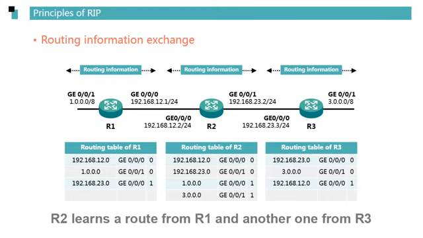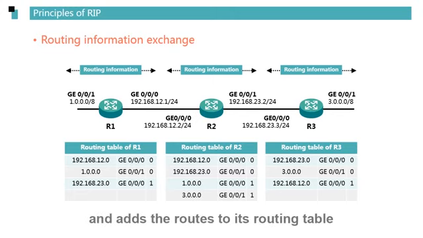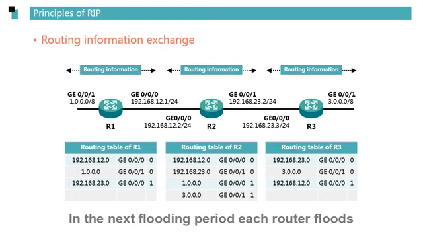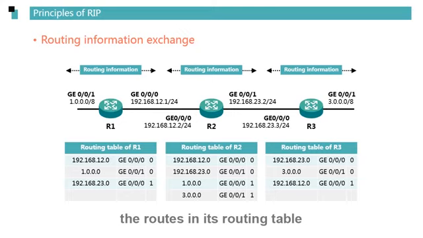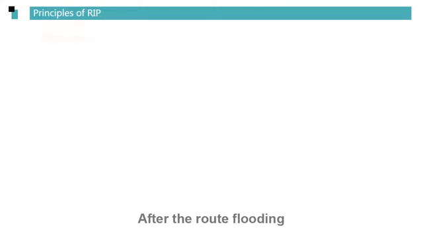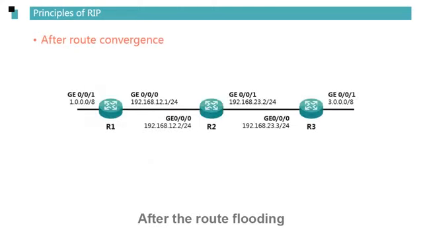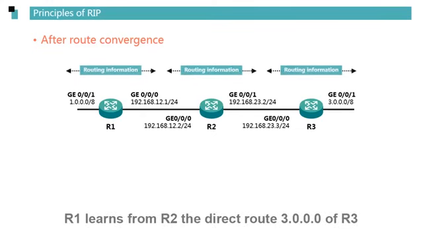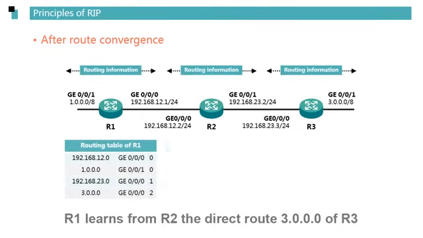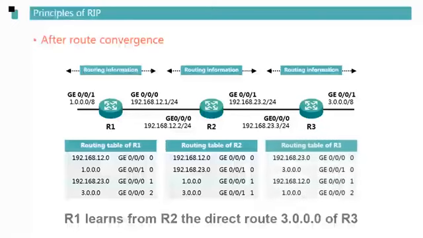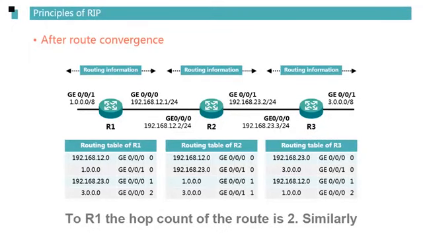Similarly, R2 learns a route from R1 and another one from R3 and adds the routes to its routing table. In the next flooding period, each router floods the routes in its routing table. After the route flooding, R1 learns from R2 the direct route 3.0.0.0 of R3. To R1, the hop count of the route is 2.